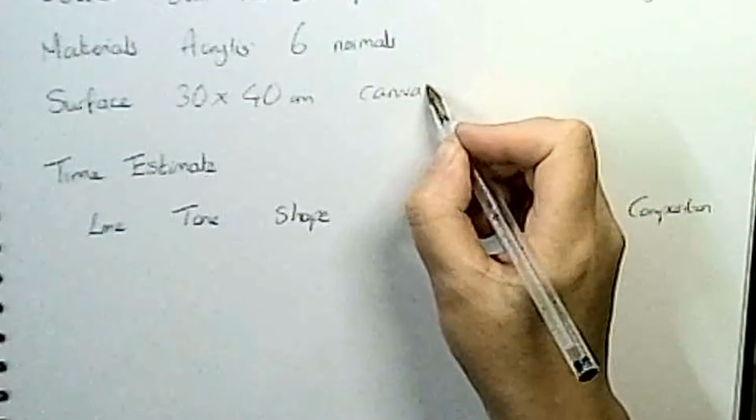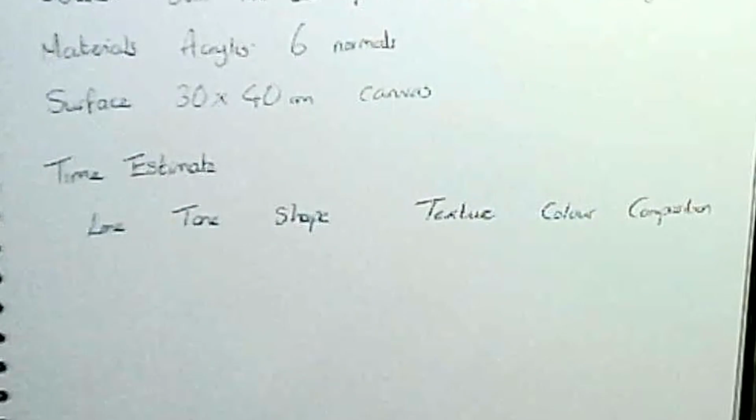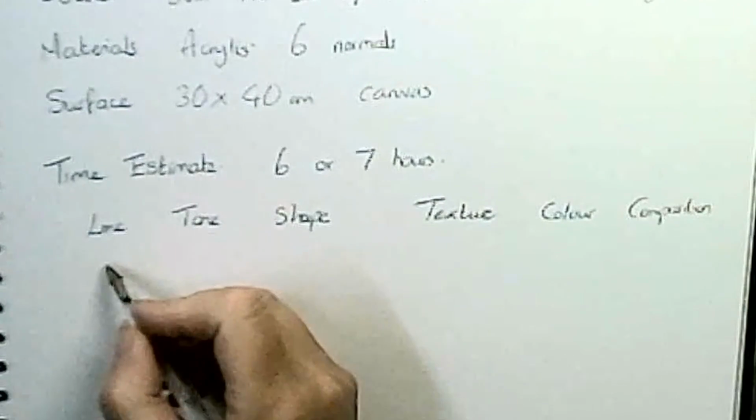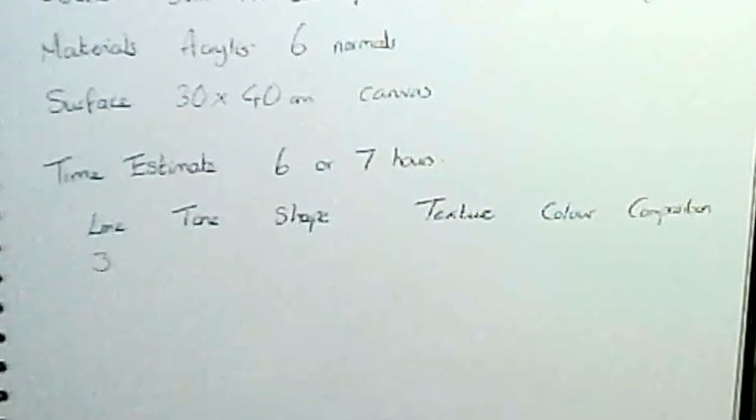Canvas. Time estimate, 6 or 7 hours. Definitely over 2 days. So, the fundamentals. Line, 3, tone, 3, shape.